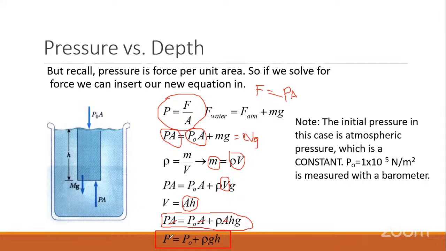So if that happens, we have P is equal to P subscript 0 plus rho gh. This first P is called the absolute pressure. This second P is the atmospheric pressure. And this other term is also a pressure term, which is called gauge pressure.